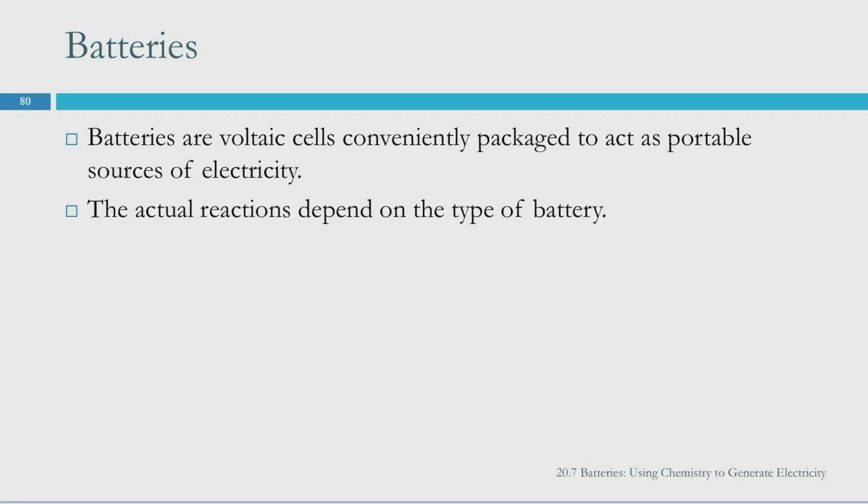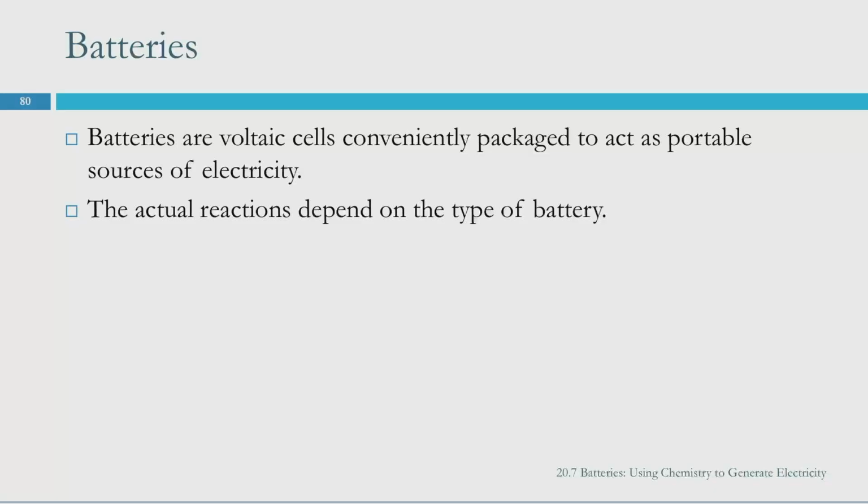And now we get to learn very briefly about batteries and a couple of types of batteries. We're just going to talk about the types of batteries. So batteries are cool. They're voltaic cells. What's the other type of cell? Pop quiz. Galvanic cell is the same as a voltaic cell.